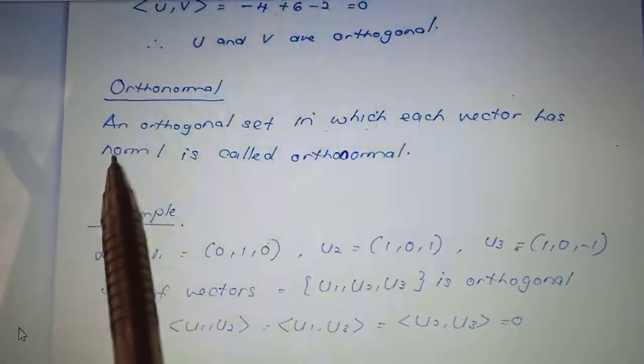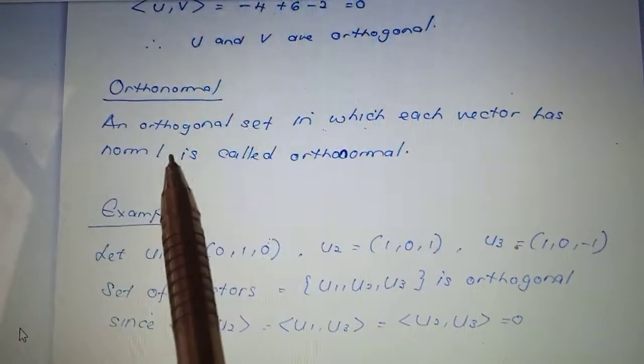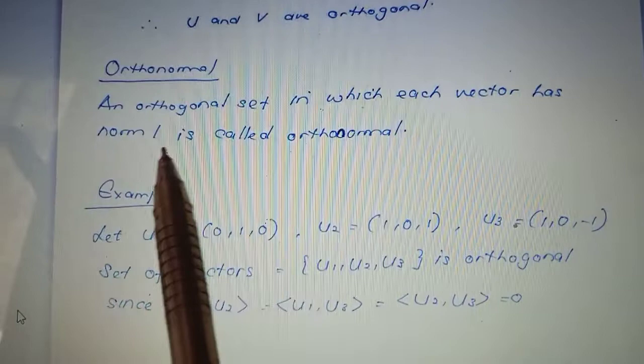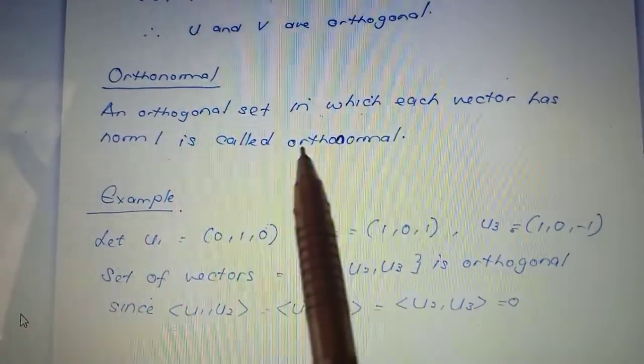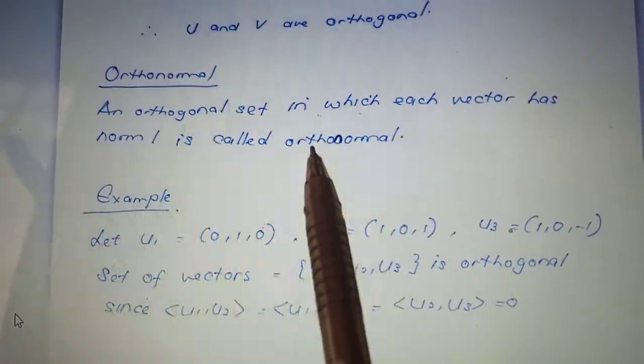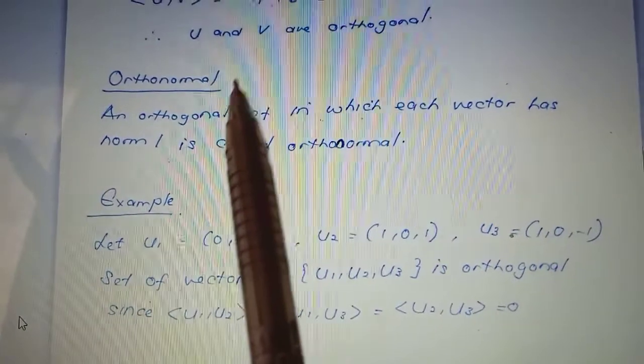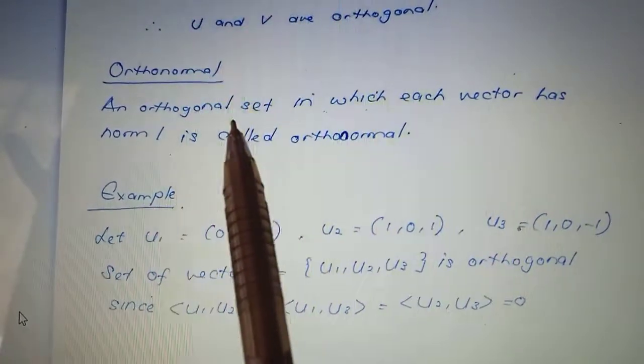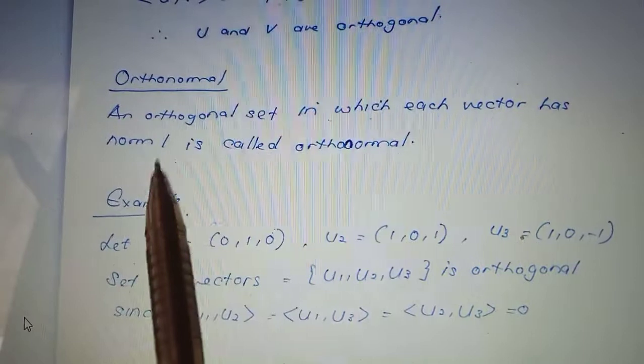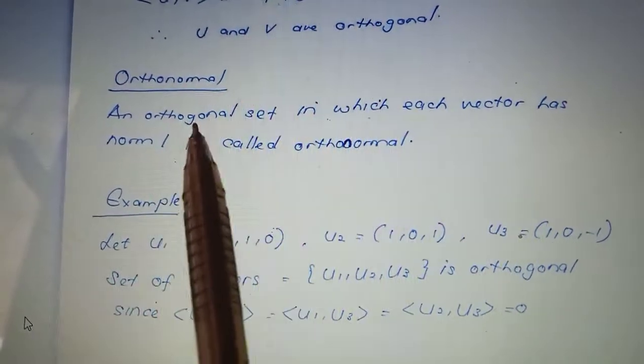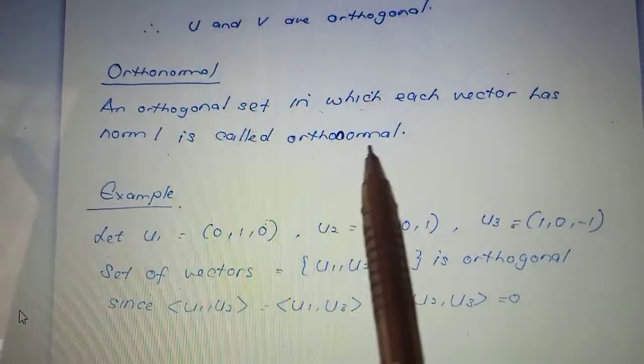Remember the formula for norm? It is the formula for the length of a vector. If the length of the vector is 1, we call it orthonormal. It must have two properties. One, the vectors are orthogonal to each other, and two, each vector has norm or length 1. Then the vectors are called orthonormal.